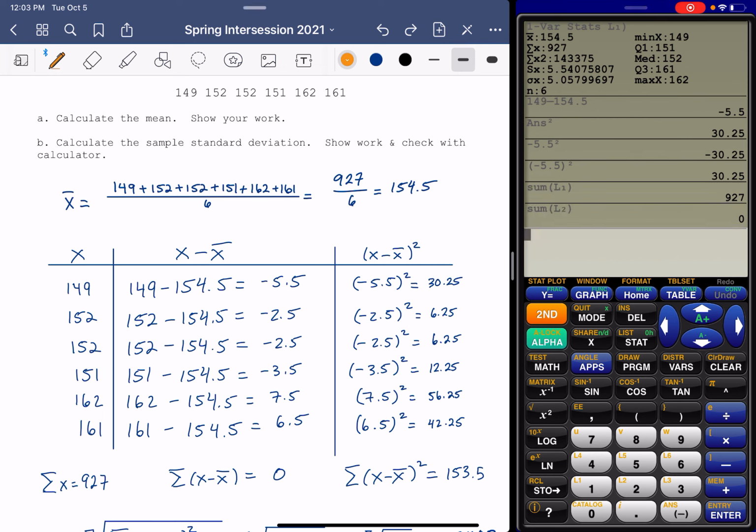See, these are the little things that you need to discover to make these things go a little bit faster. And these are the more enjoyable things that you found something to make this more palatable for some. Here, I can click on this, on sum L2, go back, and then go second L3 and enter. 153.5.